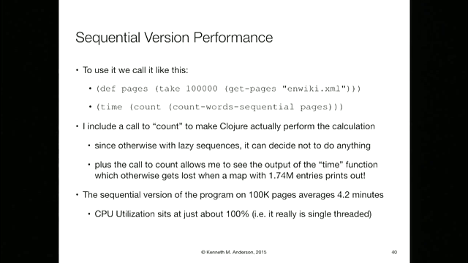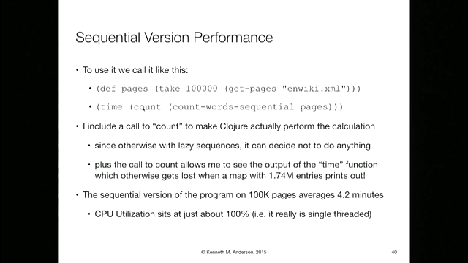So now I think I might have talked about the average. Yeah. So here, with the sequential version, what you can do is you can say, my pages are going to be take the first 100,000 pages, calling get pages on the big XML file from Wikipedia, and then call count-words-sequential on the pages.